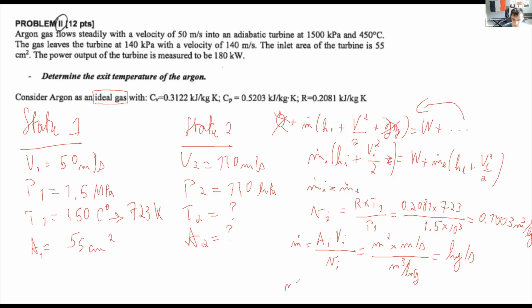If we plug in all the values we know, 55 centimeters squared, we want in meters. Normally from centimeters to meters you would do 10 to the power of -2, but since it's squared, you square that as well. So it would be 10 to the power of -4, times the velocity, which is 50 meters per second, divided by the specific volume we just found, 0.1003.